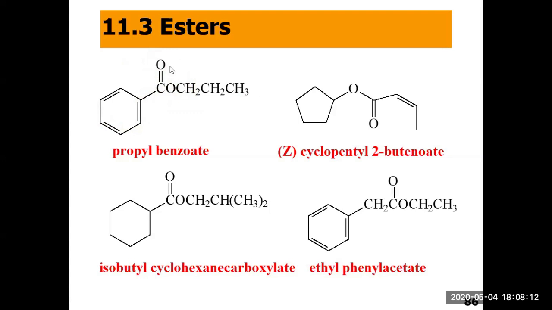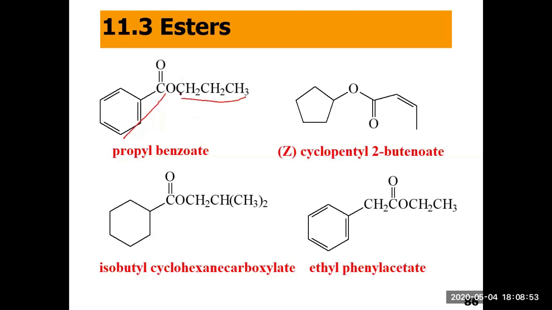So this part of the molecule is the alkyl group, and this part of the molecule is actually the acyl group. Now, in naming esters, we have to cite or state the name of the alkyl group first, followed by the acyl group. And the name of the acyl group should end in -oate.